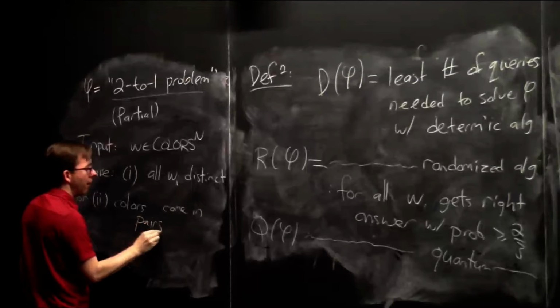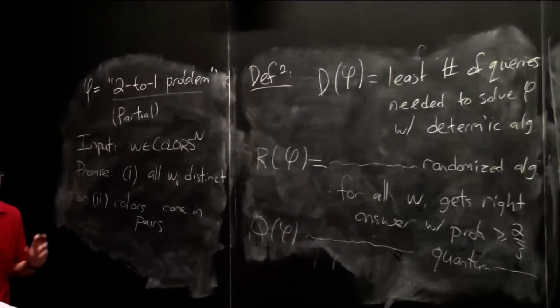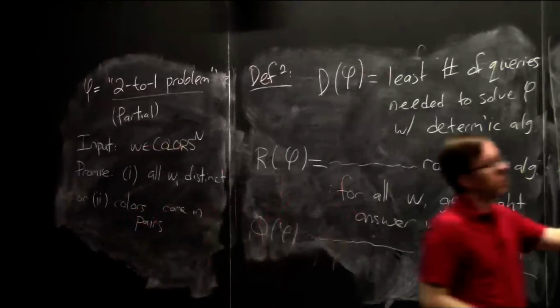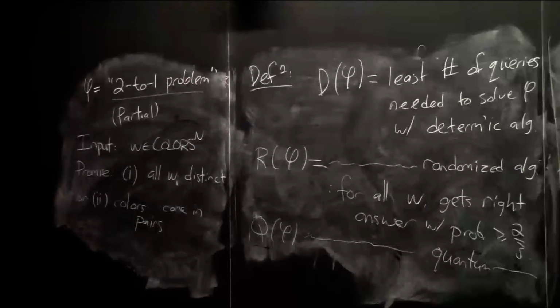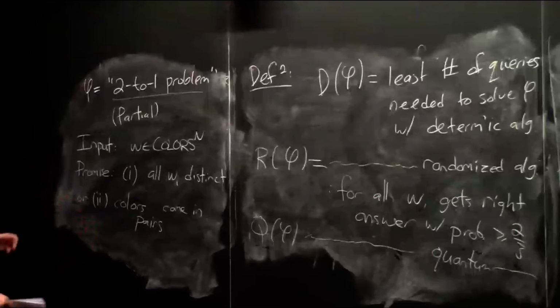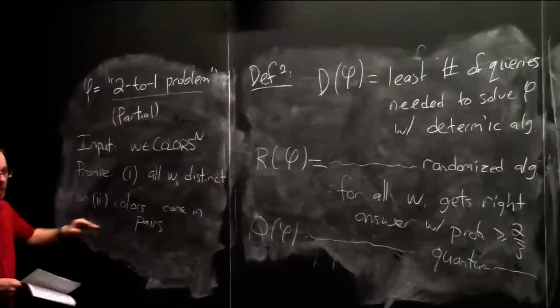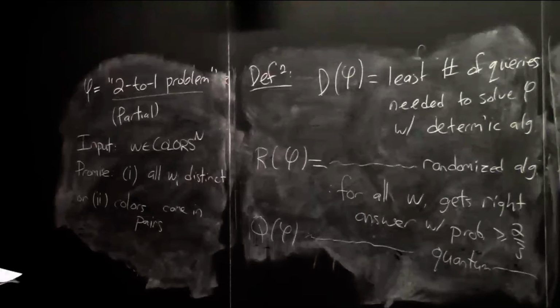But that's it. So there are capital N over 2 colors in use. Each one is used exactly 2 times. But there's no weird structure where the positions where the colors are paired up has to do with a certain base 2 shift. It could be anywhere. So there's still a promise that every color is used either once or twice, but there's a lot less structure. And well, let's think about this problem.